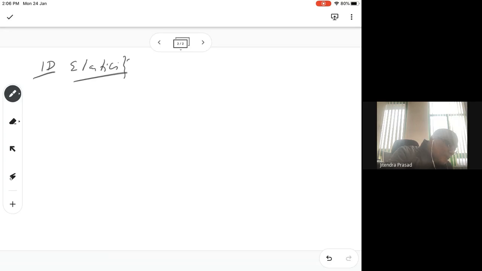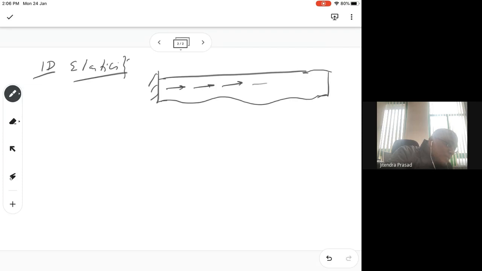Now the problem could be something like this. You have a bar which may be fixed at one end. The area of cross section may be varying. There may be some body forces, call it Bx, which is a function of x. Young's modulus can also be a function of x. Area of cross section can also be a function of x.